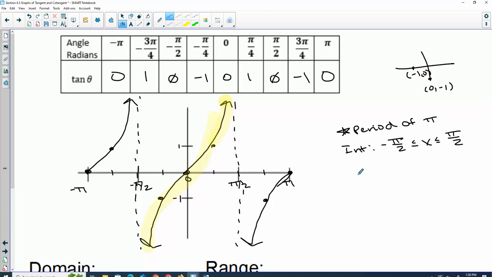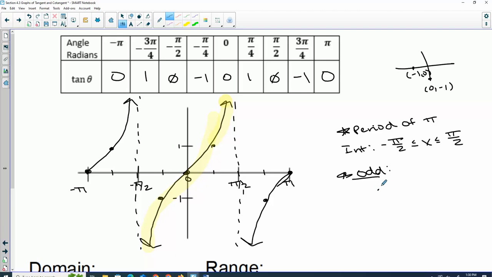Is this even or odd? Remember, even is symmetric to the y-axis. If I flip it over the y-axis, does it overlap? No. Odd is symmetric to the origin. If you flip over both, then it overlaps. So this is odd, just like sine was.